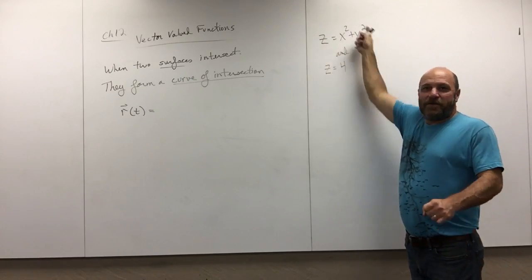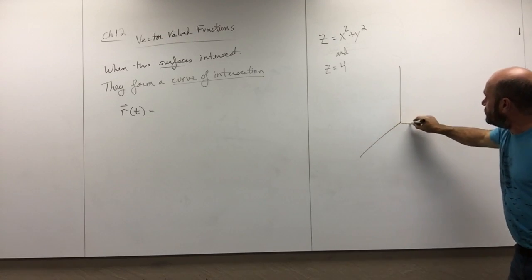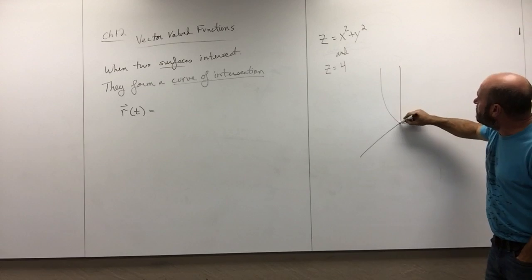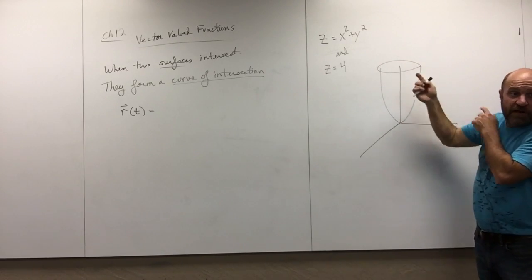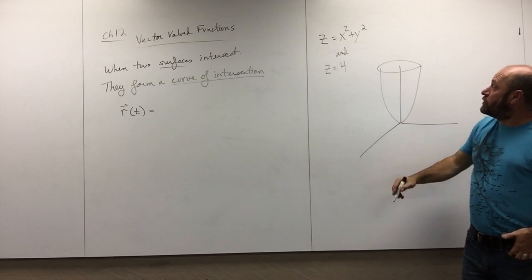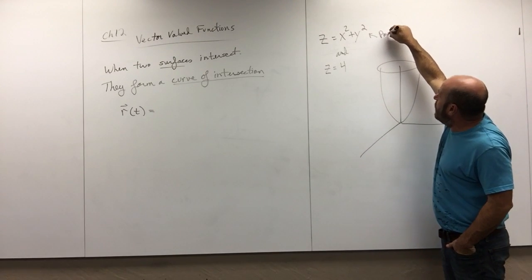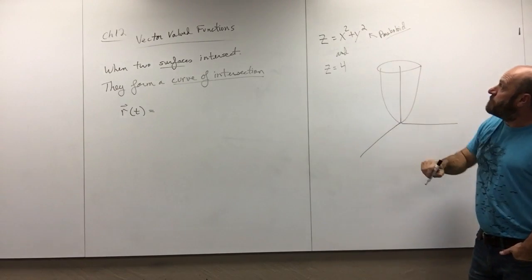Do you know what this one is? Elliptical paraboloid. Good. That's a paraboloid, and you called it an elliptic paraboloid, which is accurate. This one happens to be nice and circular, and here's a picture of him. And he goes forever. He doesn't stop there. And what is that other guy?